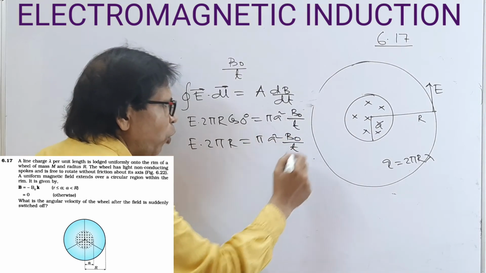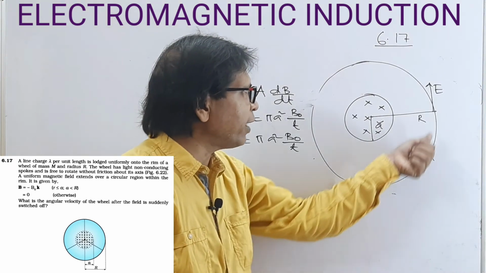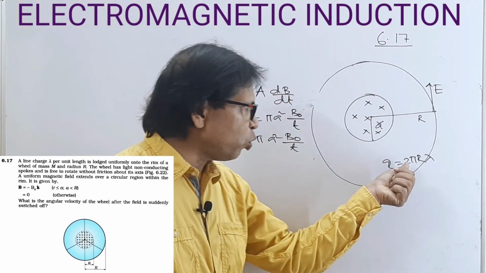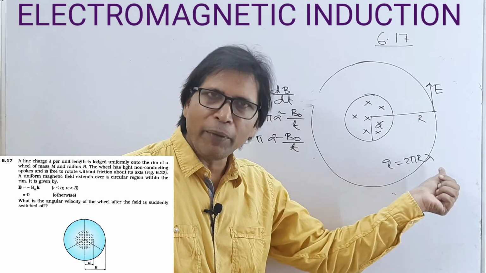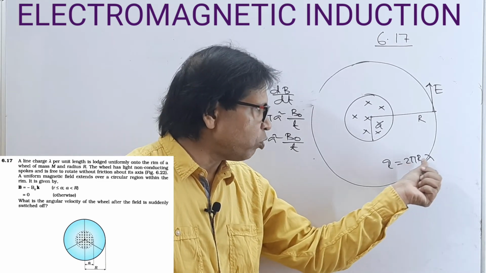Now look at this, the total charge in this ring is equal to the length of the ring into lambda, so charge is equal to this.